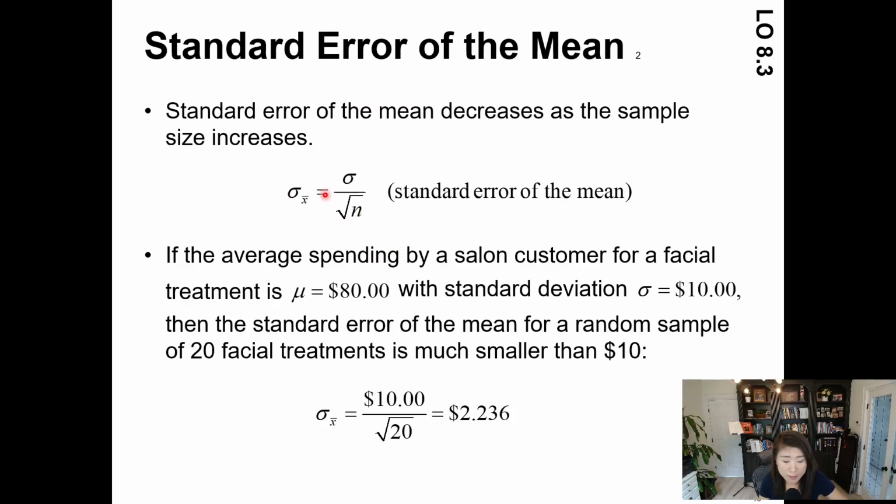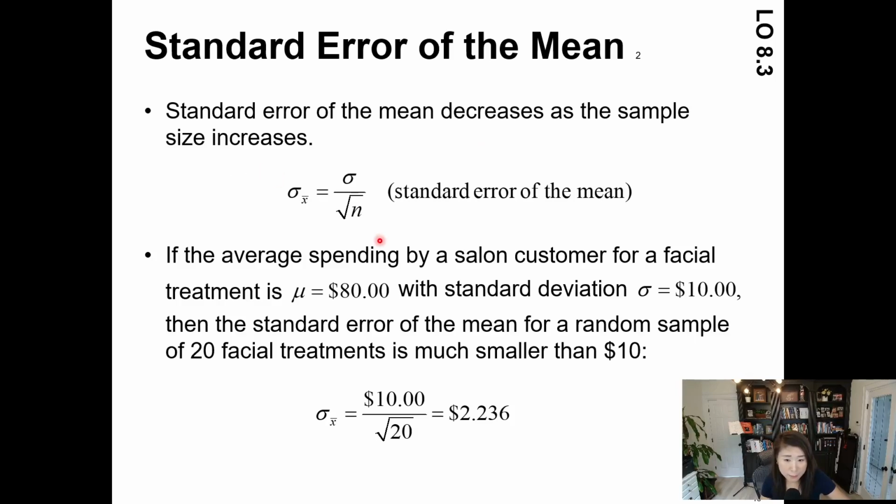As you notice in this calculation, if your sample size goes up, so n is getting larger and larger, this ratio will get smaller and smaller, right? Therefore, the standard error of the mean decreases as the sample size increases. So what does that mean?